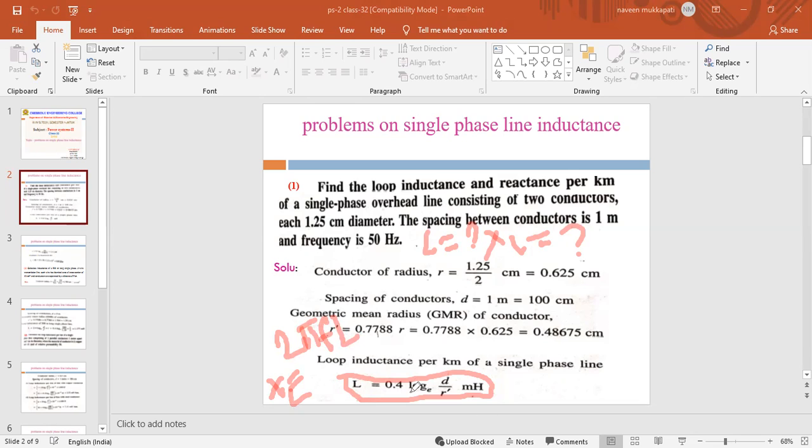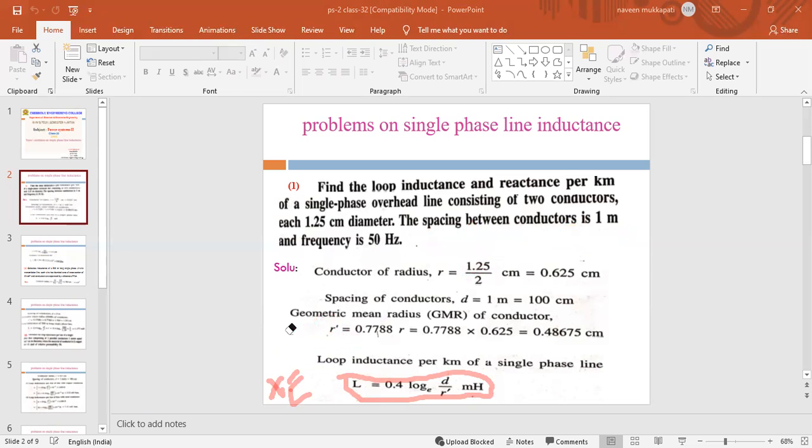We already calculate the inductance using the formula 0.4 log D by R dash, and F is 50 Hz. Therefore, XL is equal to 2 pi F into L. Then we calculate the inductance and the inductive reactance XL by using these formulas.